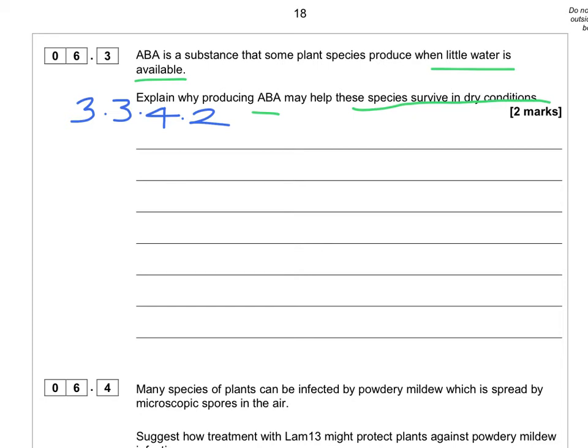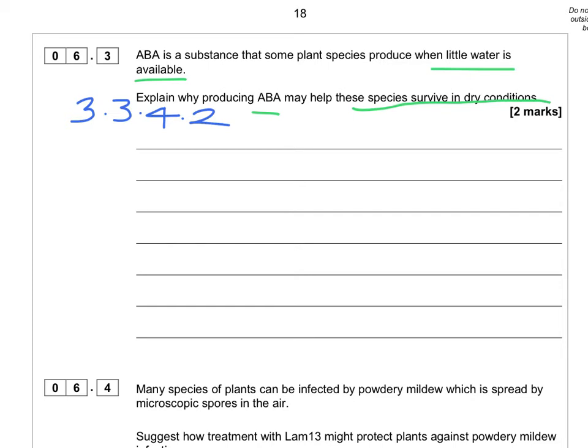Now, if you remember from the graph, ABA reduces the stomatal opening. So an explanation for why that is a good thing, well, that will reduce transpiration. There'll be less transpiration, or you could say less evaporation or less water loss by diffusion, but I would say less transpiration.